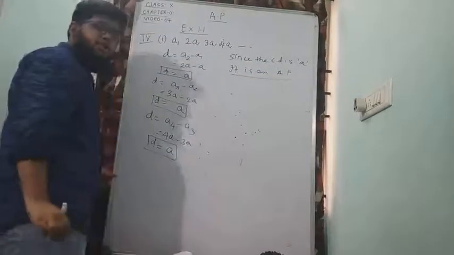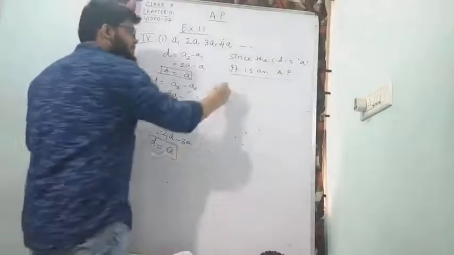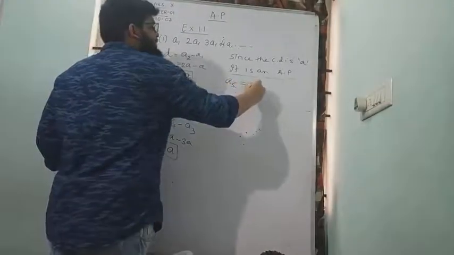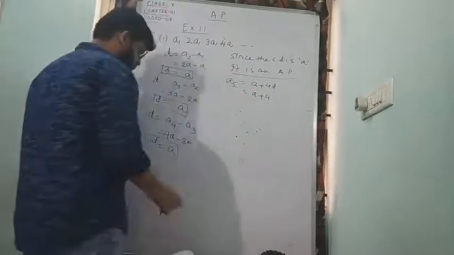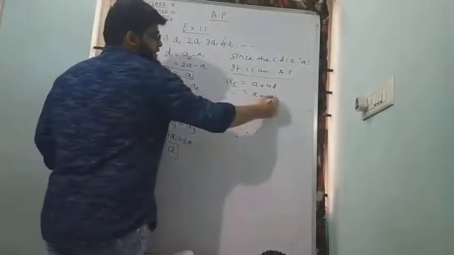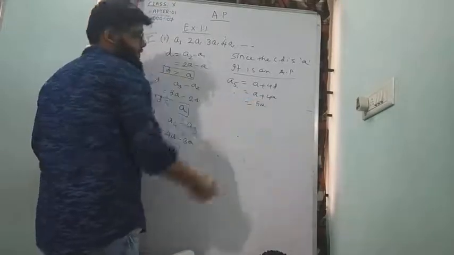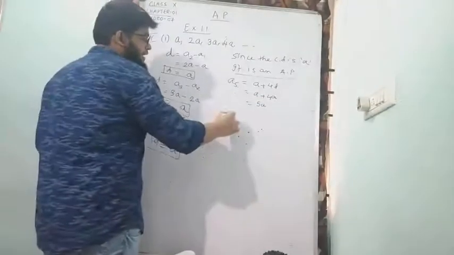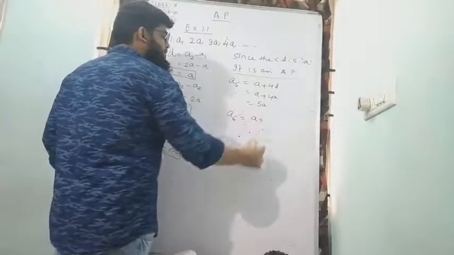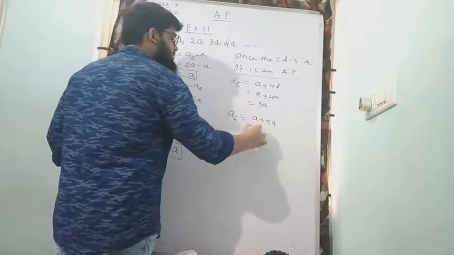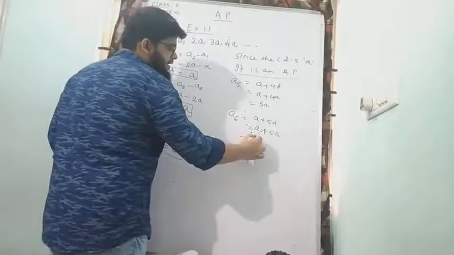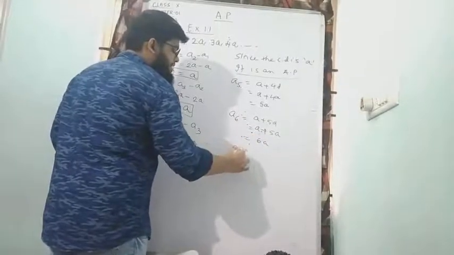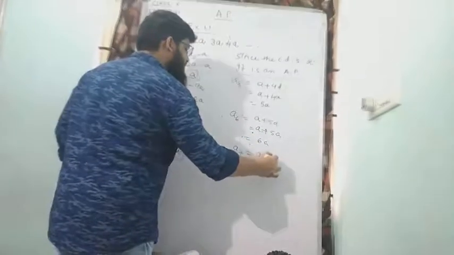So if this is an AP, I should find out the next 3 terms, which is A5. A5 will be A plus 4D. A plus 4 into, what is the value of D? Which is A. A plus 4A is 5A. Is that right? Then A6, A plus 5D, which is A plus 5A, because D is A. A plus 5A is 6A, and A7, A plus 6D.